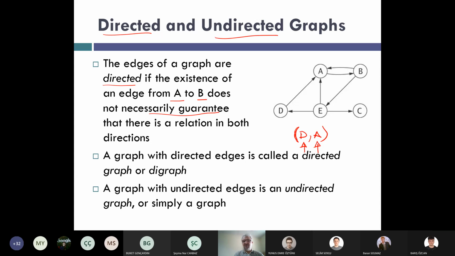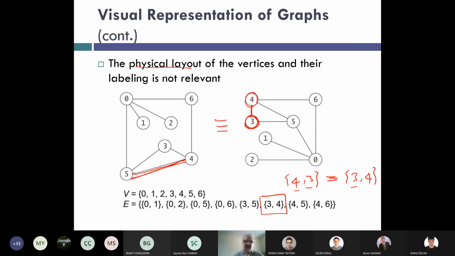There is no relation from B to A sometimes, but here, as you see, there is a relation from A to B, and there is a relation from B to A. That's also possible in directed graphs, but we have two different edges in that case, and this is still a simple graph since these two edges are different, not like two edges between 4 and 5 here, since this edge means there is a relation from 4 to 5, and this edge says the same thing.